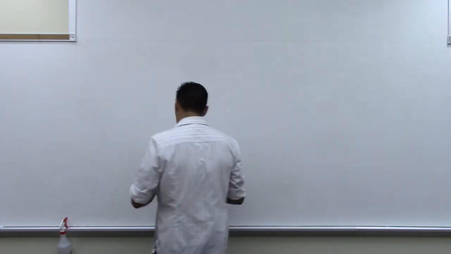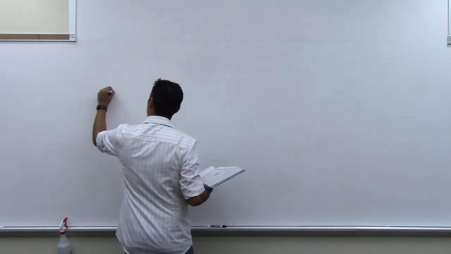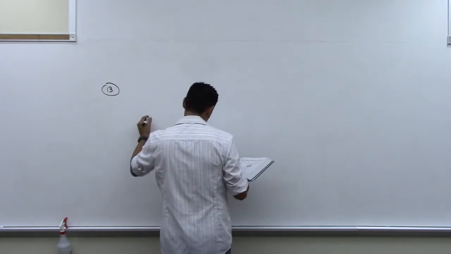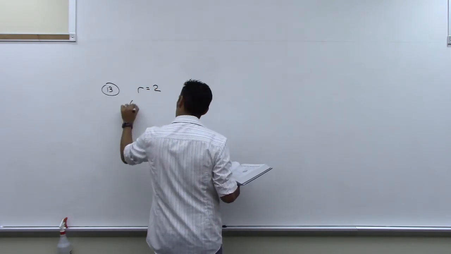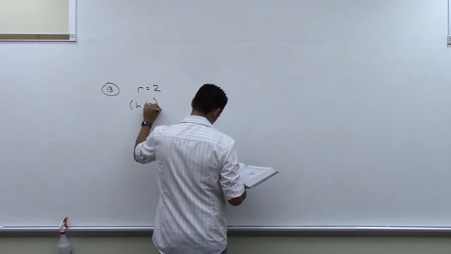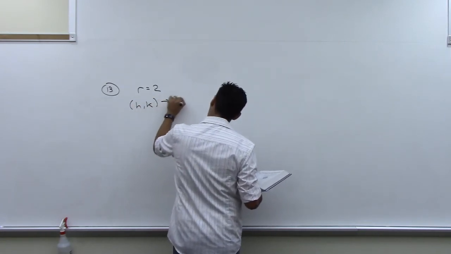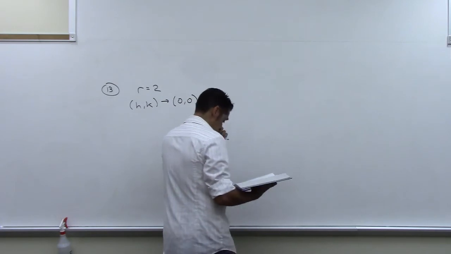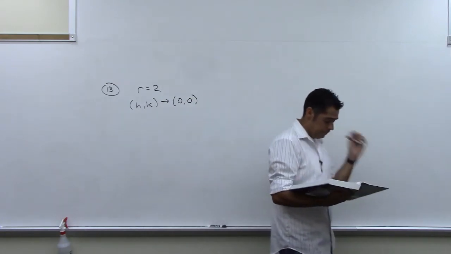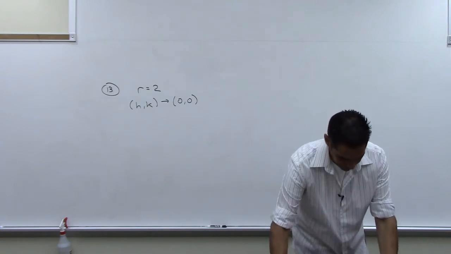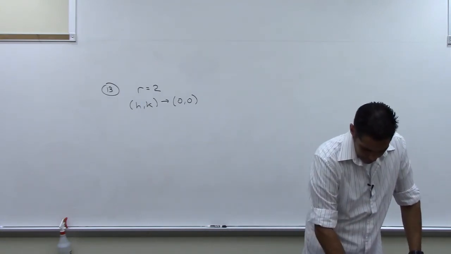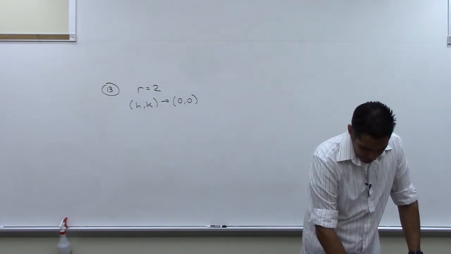All right, so now they give you for number 13 a radius of 2, and they give you HK is equal to the point 0, 0. And they want to write the standard equation in the general form equation for each circle of radius r centered at HK.